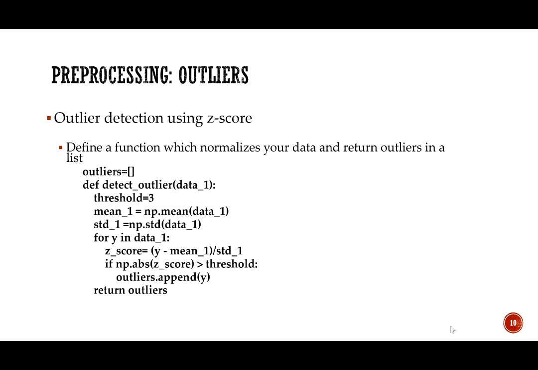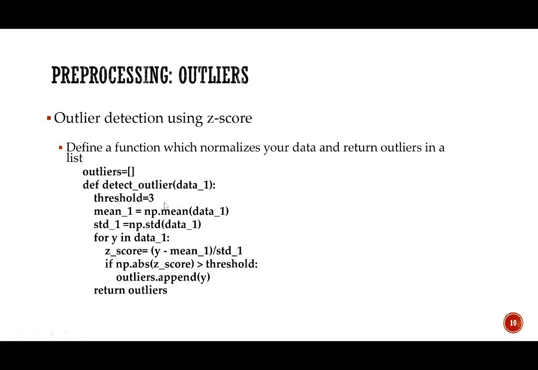So to do that, we can define a function which normalizes the data first and then returns outliers in a list. And that's what you see here. So we first define an empty list outliers, then we define a function named detect_outlier, and then there is one input argument which can be a list. Then we define the threshold.